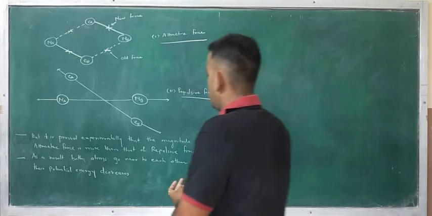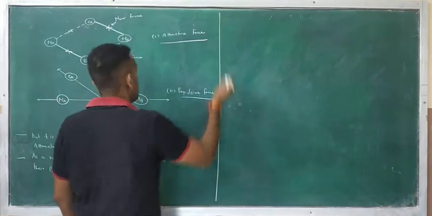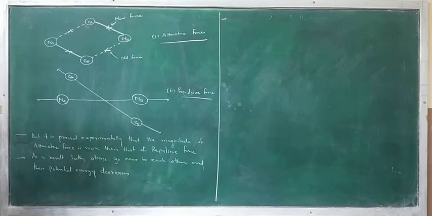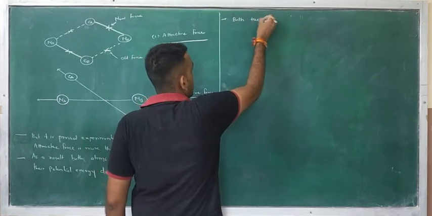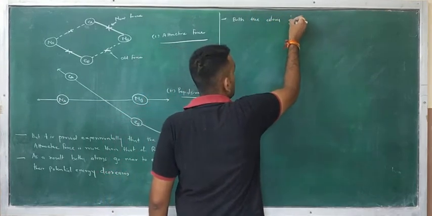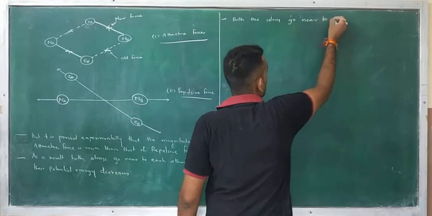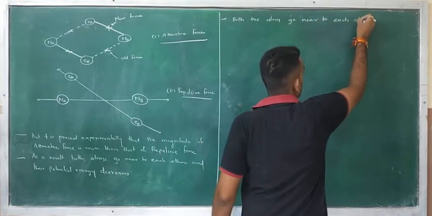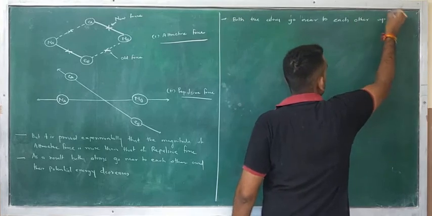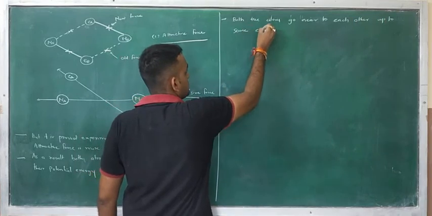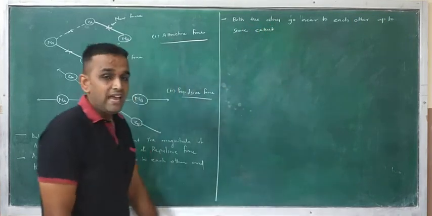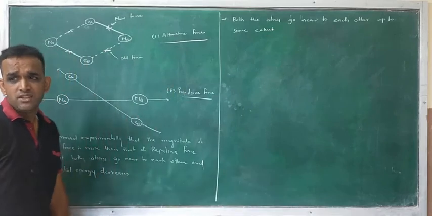चलो एक बार लिखता हूं कि up to how much extent it will come close to each other. So I can say that both the atoms go near to each other to such an extent that attractive force is balanced by the repulsive force. Both the atoms go near to each other up to some extent that attractive force balances the repulsive force, right?